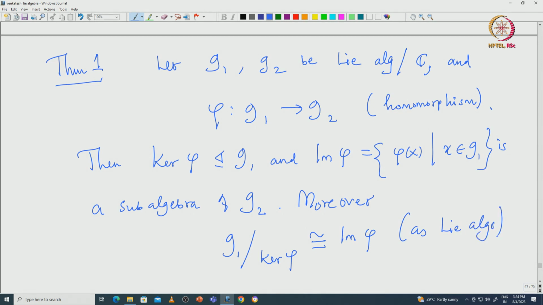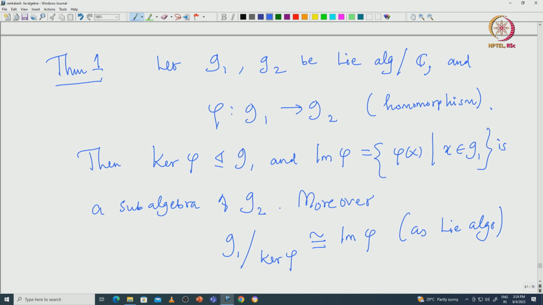So, what does it mean? There will be a natural quotient map from G1 modulo the kernel phi onto this image phi, which will be an isomorphism. Okay. So, now we will prove this.